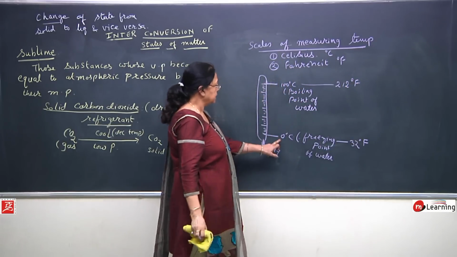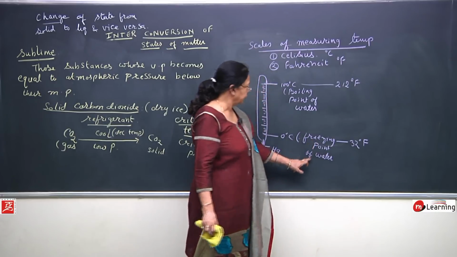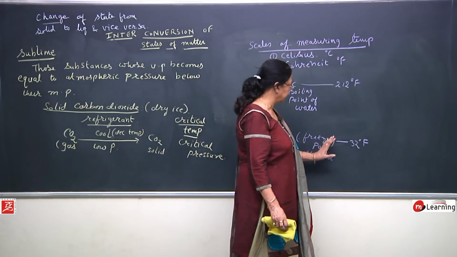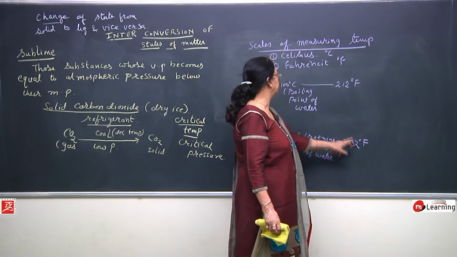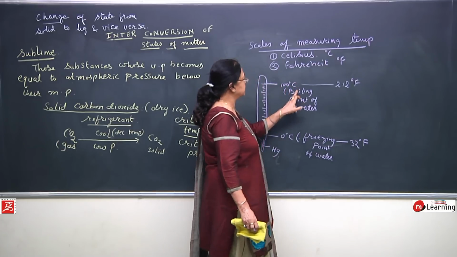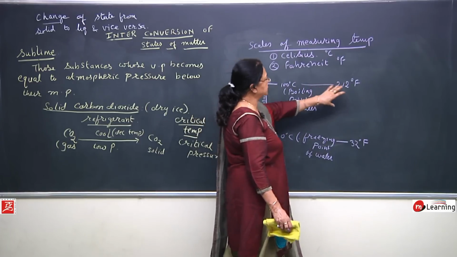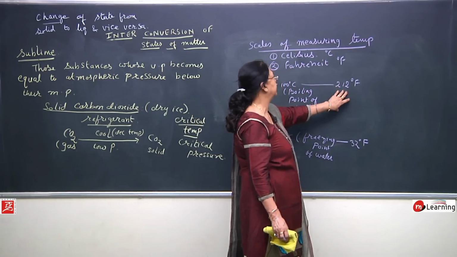It means that 0 degree Celsius is the freezing point of water, or if you express the freezing point of water in Fahrenheit, it will be 32 degree Fahrenheit. 100 degree Celsius is the boiling point of water. If you express it in Fahrenheit, then it will be 212 degree Fahrenheit.